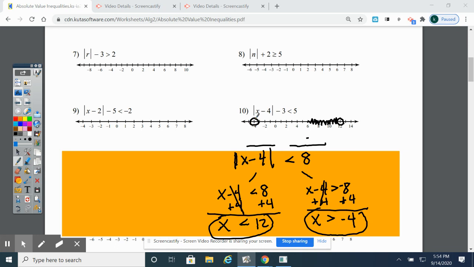We're going to put a circle around it, open circle. The arrow points to the right, so here we shade to the right. All the solutions live in this shading, but you cannot choose -4 as a solution because that's an open circle. So -4, if you plugged it in right there, would not give you a true statement. Same with 12. You're not allowed to plug 12 in, but you can plug anything else in between those values.